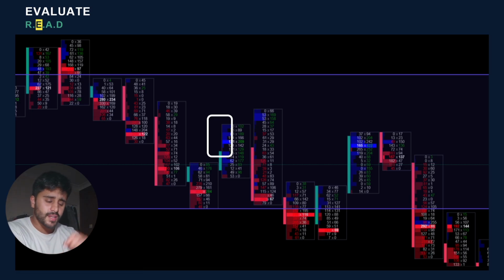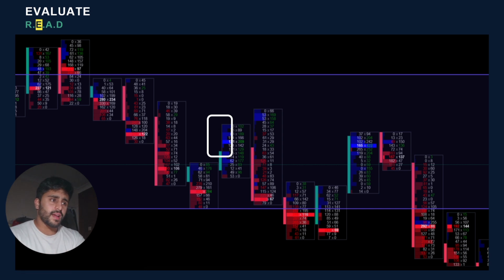So in other words, delta is defined as the right number minus the left number. Okay, I'm going to say that again. The right number minus the left number. So if you take again this example here, 169 and 53, the delta here is going to be 169 minus 53, which is 113.